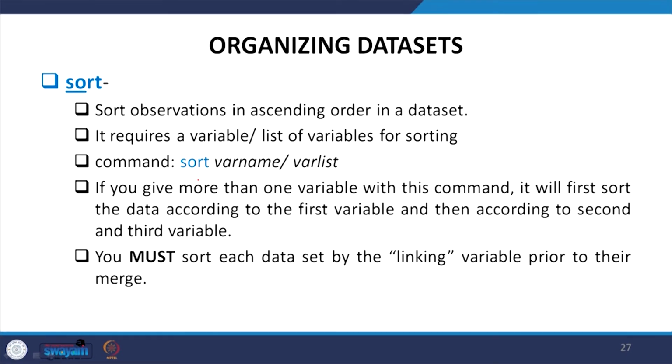If there are so many variables we need to analyze together, we need to sort one and accordingly check whether the others are following or not. Okay. So, sorting observations in ascending order in a data set is generally essential. It requires a variable or list of variables for sorting. If there are so many variables you are sorting together, by default it considers the first as your sorting variable, and on the basis of the first variable it sorts the other variables also. You might have operated in Excel also.